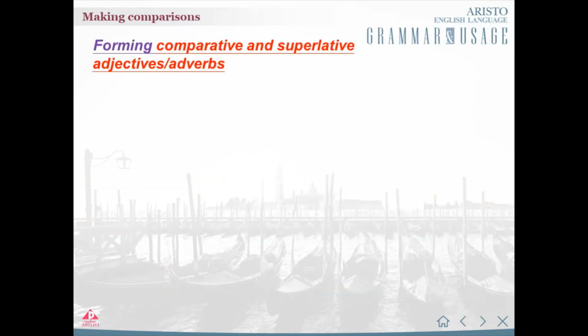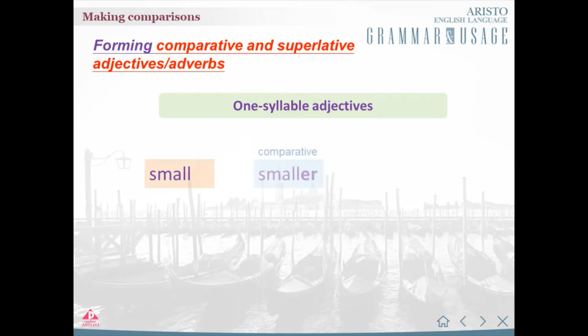How do we form comparative and superlative versions of adjectives? For most adjectives of one syllable, we add er for the comparative and est for the superlative. For example, the comparative form of the adjective small is smaller, and the superlative form is smallest.